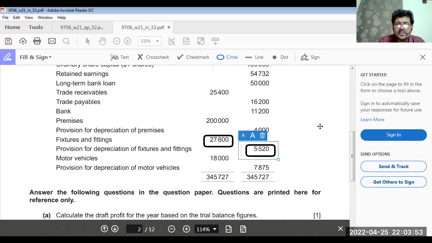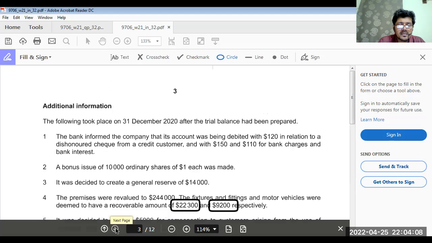The carrying cost of fixture and fittings is 22,080. Now, the future expected cash flow, if we sell, or recoverable amount, is 22,300.